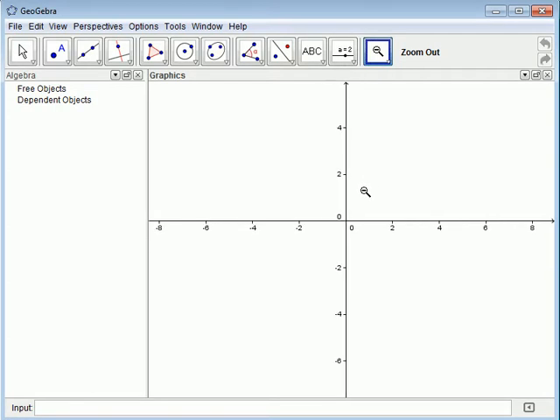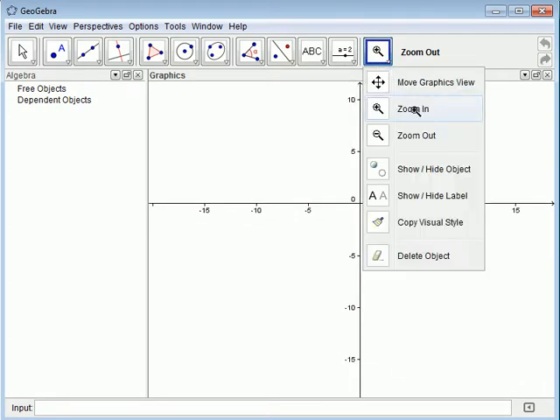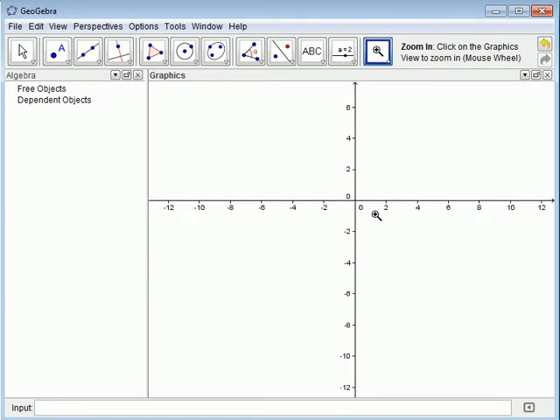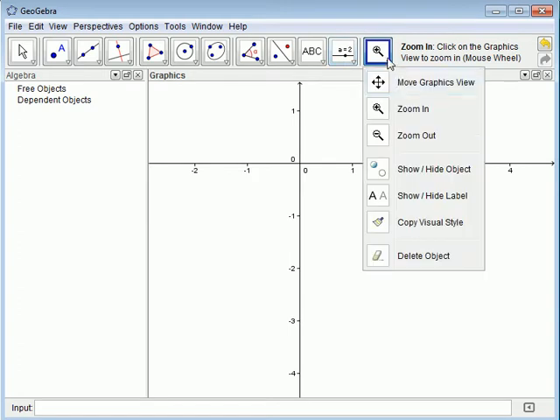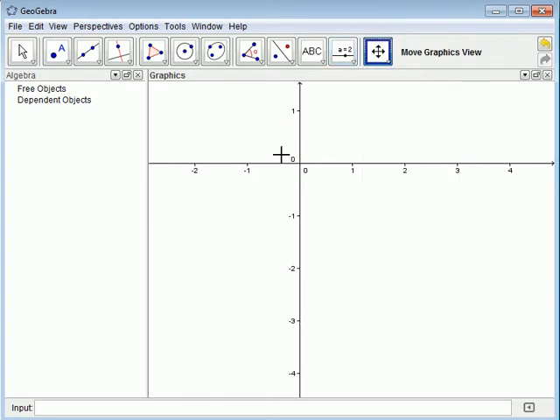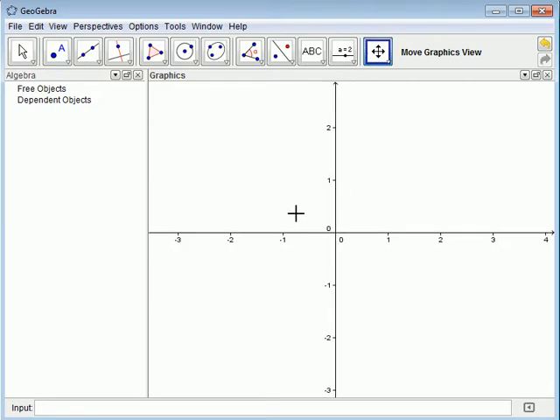Actually, I want to zoom in so I can see a 1. There we go. All right, and then go back to this. I wish they had keyboard shortcuts on this. I know it's a little small, but I'm trying to keep it in my frame for the recording thing.